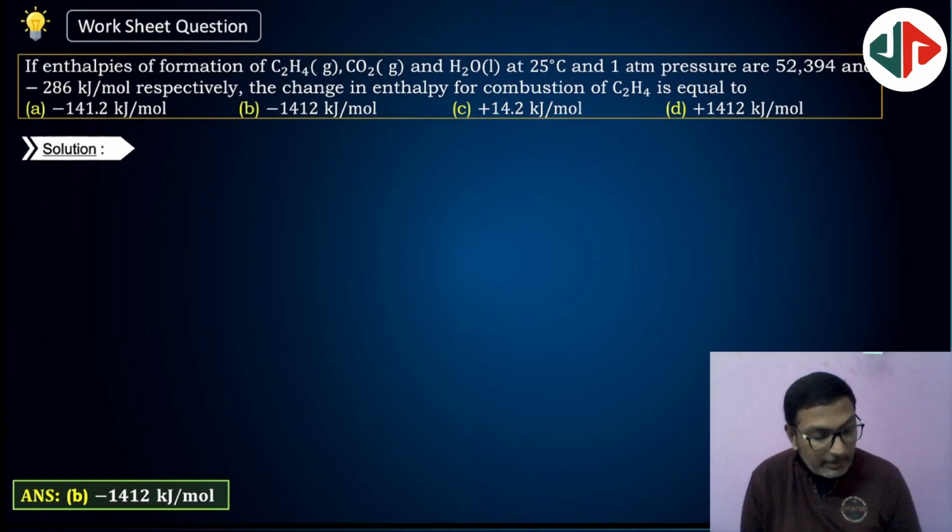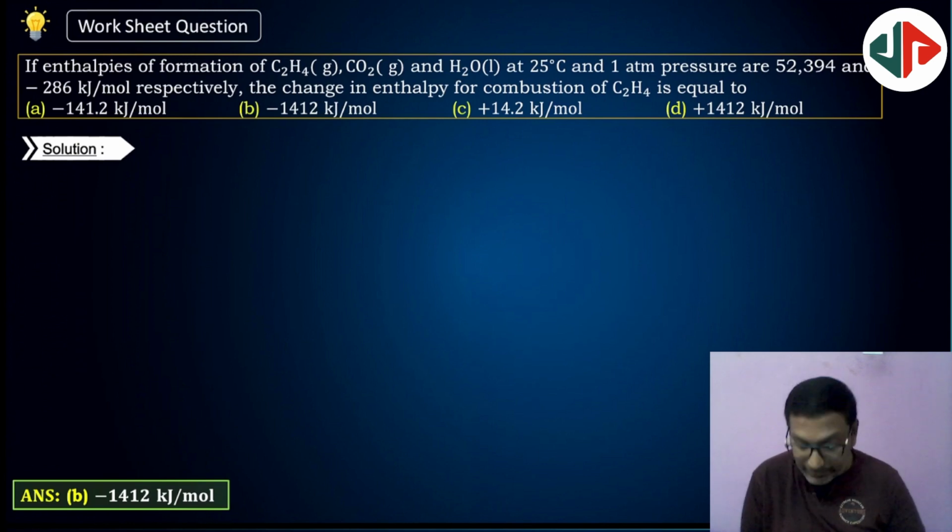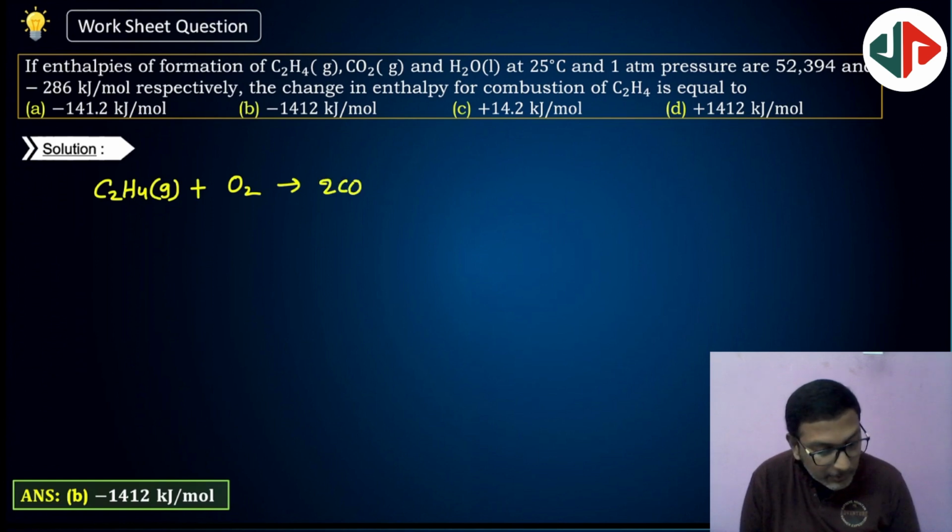Next question. If the enthalpies of formation of ethylene, CO2, H2O are given, we need to calculate the enthalpy change for combustion of C2H4. So combustion of ethylene: C2H4 gas plus O2 gives 2CO2 gas plus 2H2O liquid or gas.